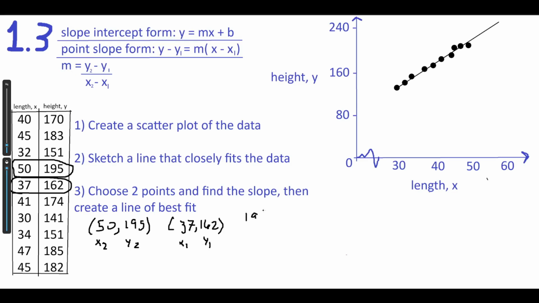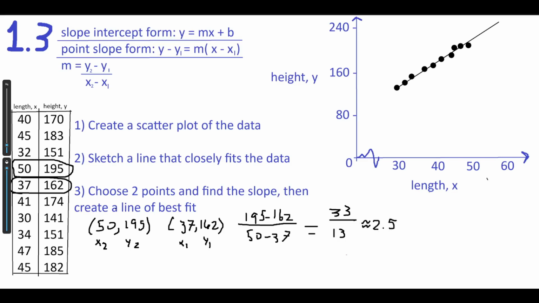So 195 minus 162 divided by 50 minus 37. So this is equal to 33 over 13. Let's see what that is. So that is about 2.5.